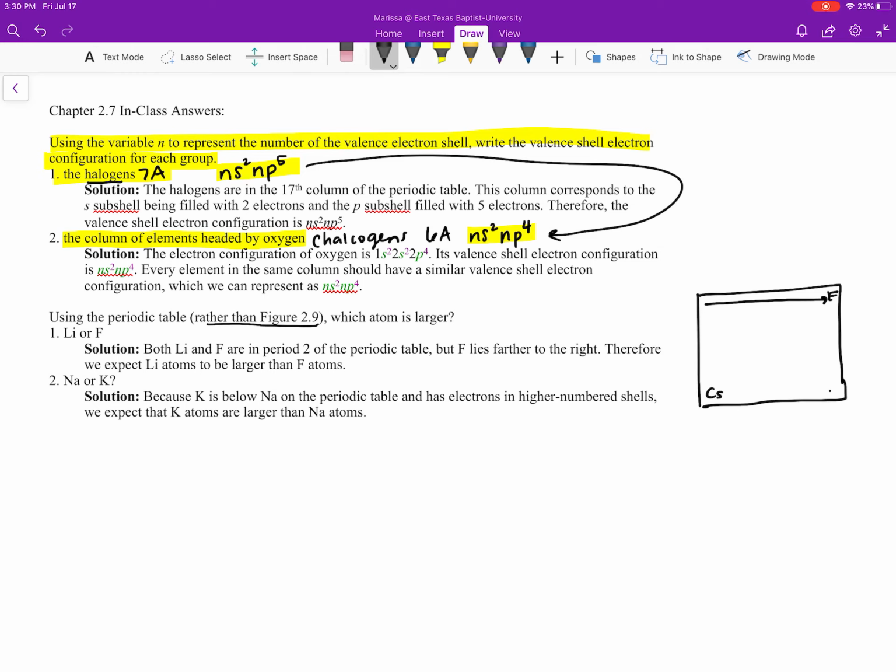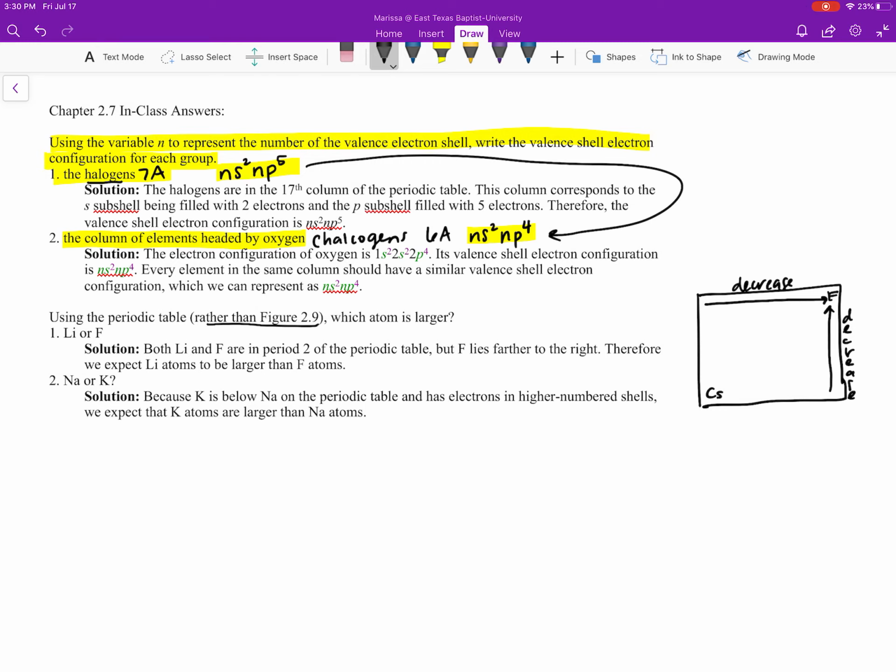And as we go up, fluorine is going to be the smallest element. So over here, we're going to say that it decreases in size as we go left to right, and it's going to decrease in size as we go from bottom to top.